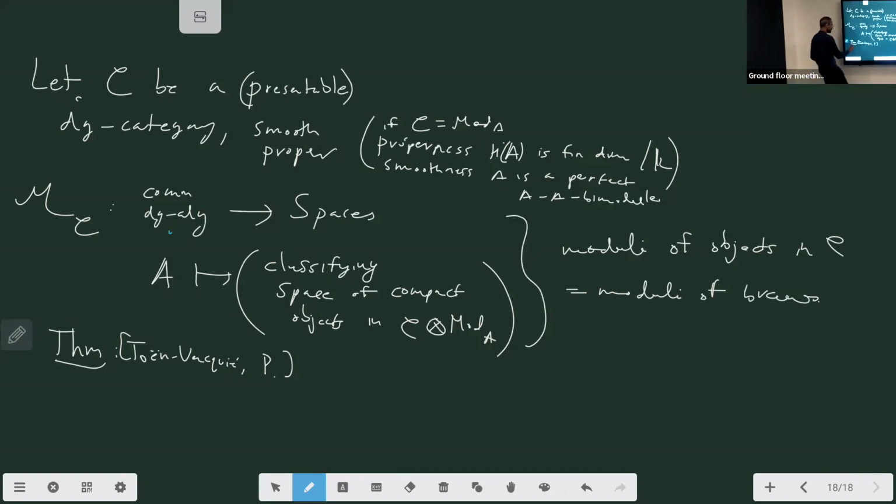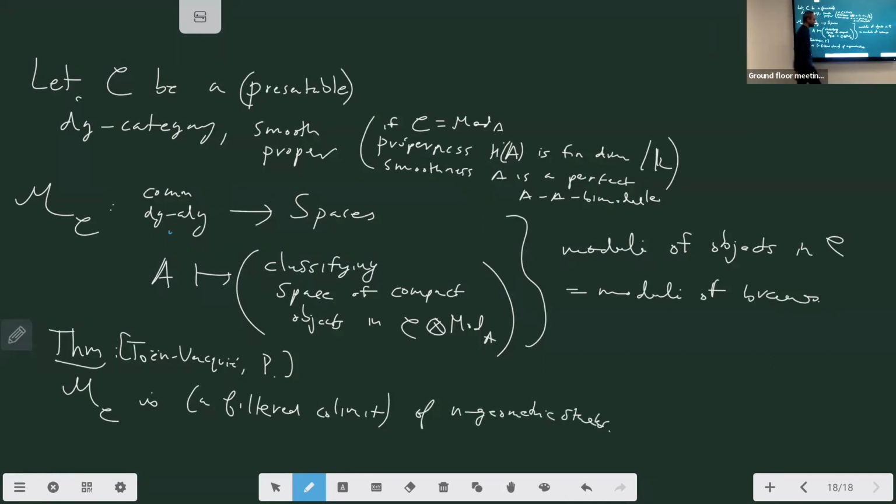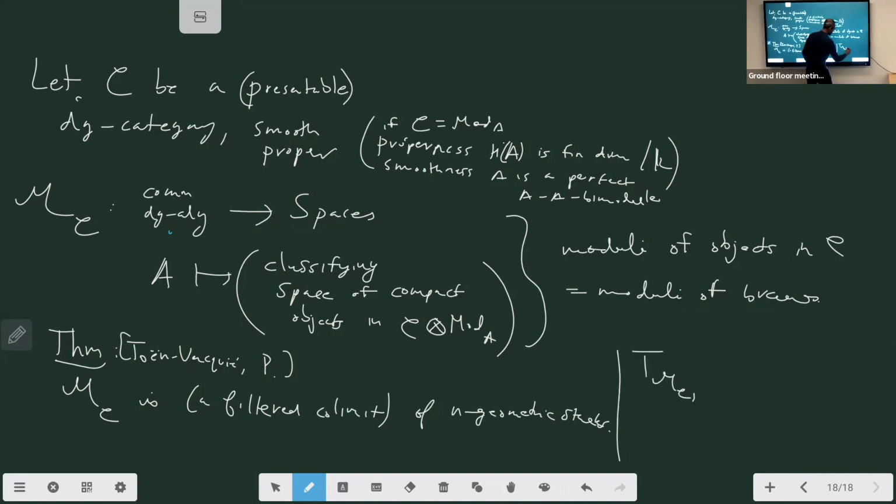So the theorem is that M_C is a filtered union of n-geometric stacks. And you can also compute, say, the tangent space, and you can guess what it will be. The tangent space of M_C at some point E is just going to be the derived endomorphisms.